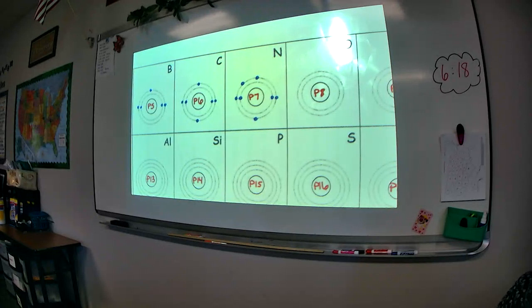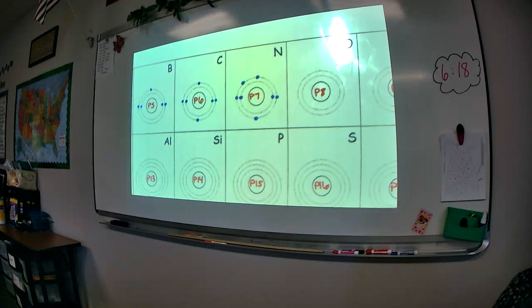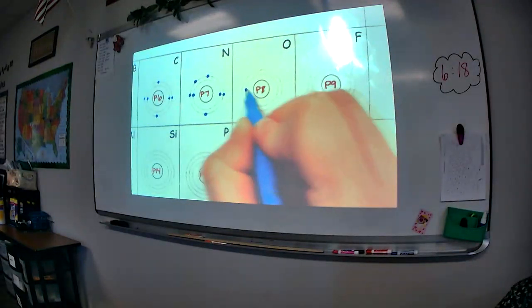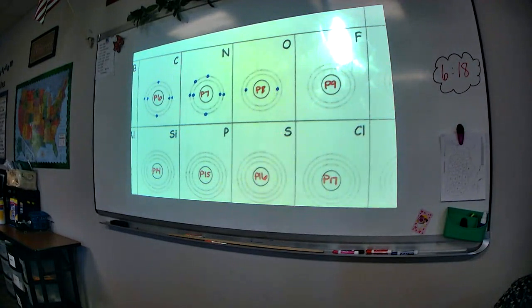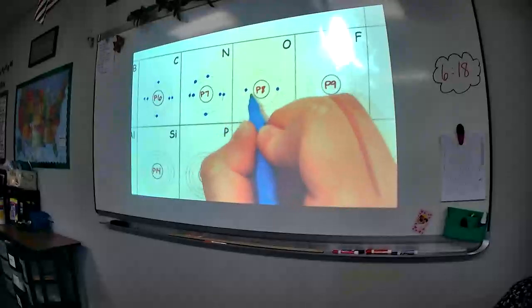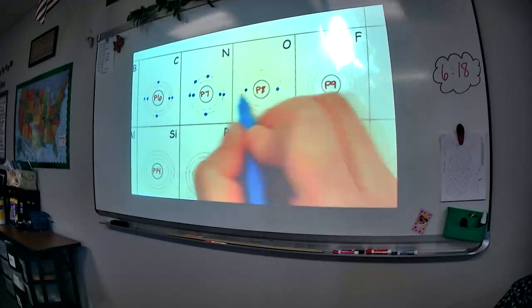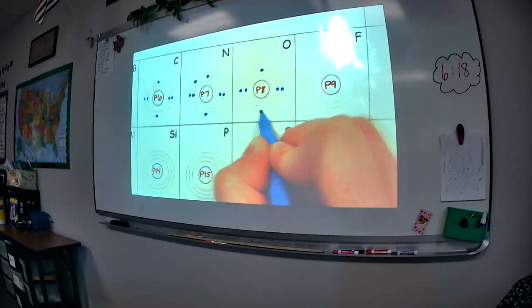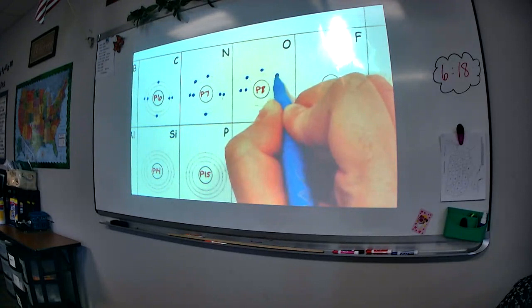So 2 in the first, 5 in the second, which all together gives me 7. Here's oxygen. 1, 2 in the first, and then I keep going until I get up to 8. So I have 1, 2, 3, 4, 5, 6, 7, 8.